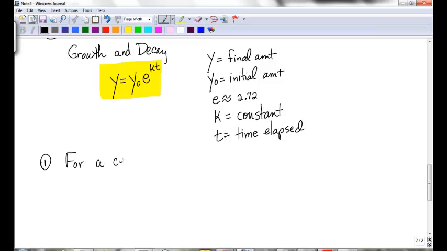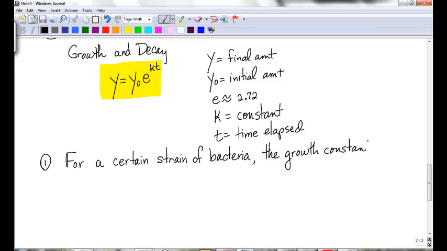For a certain strain of bacteria, the growth constant K equals 0.867 when T is measured in hours.